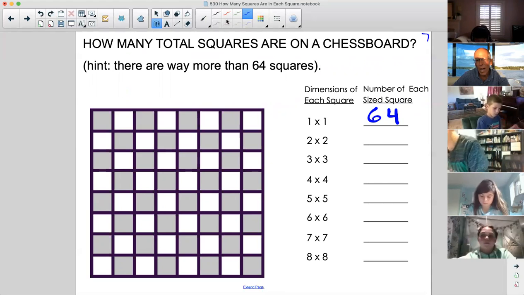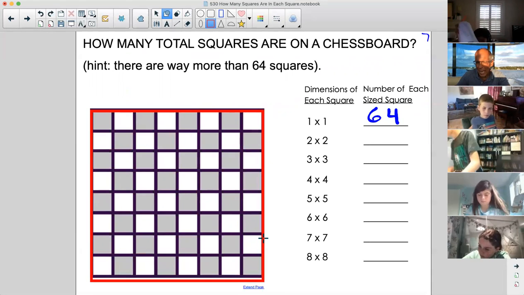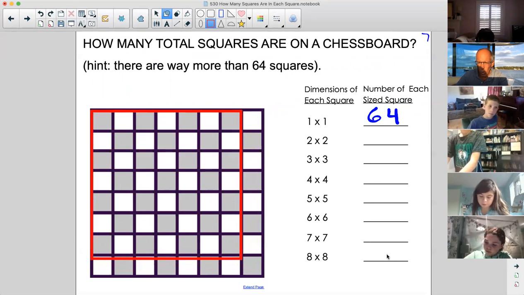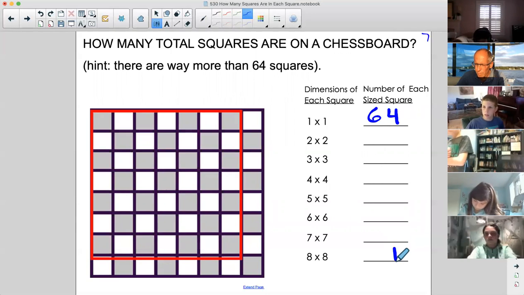Now, instead of looking at the 2 by 2s, because that's hard, how many 8 by 8s are there? 1. One. Now, I'm going to record that, but why do I need to be careful where I put the 1?